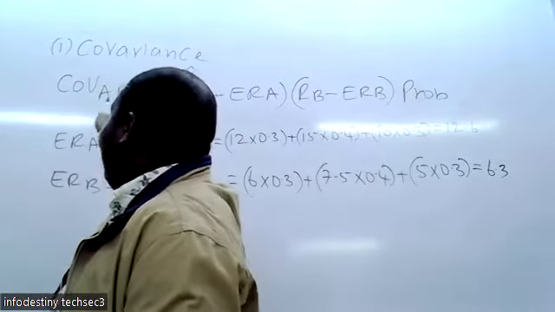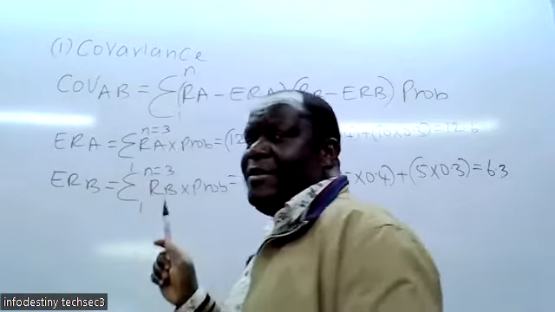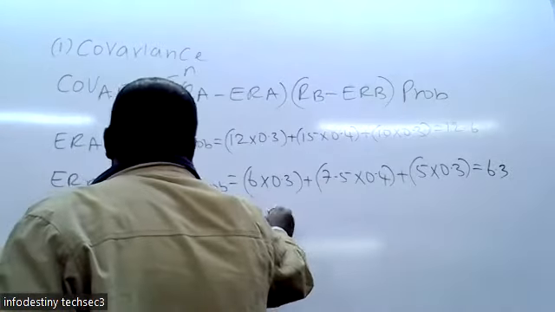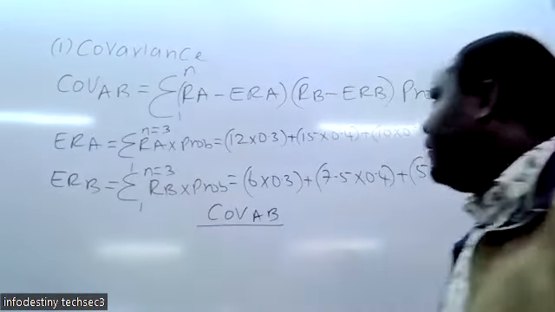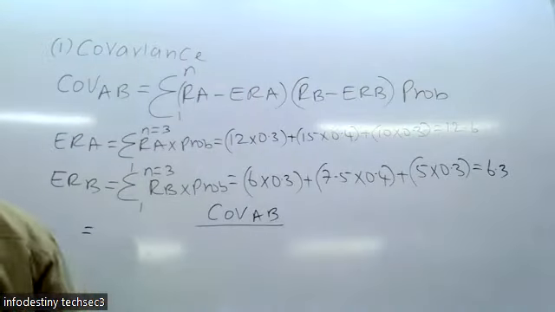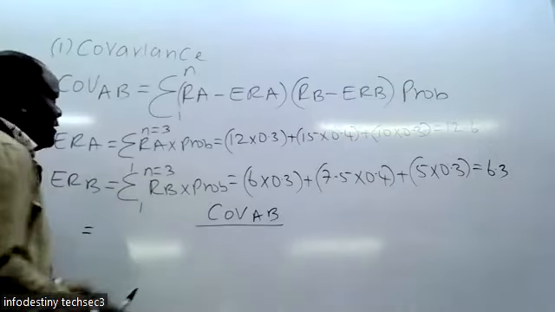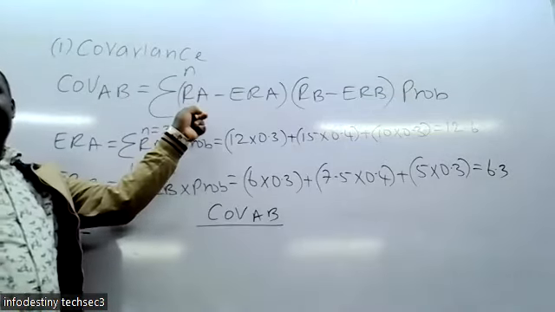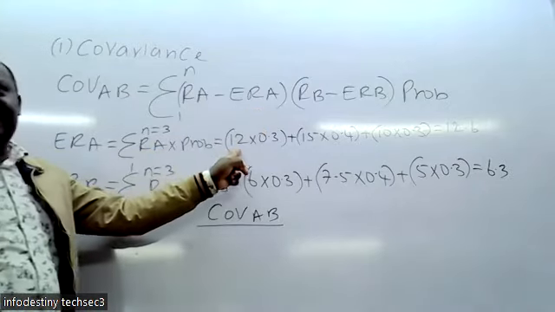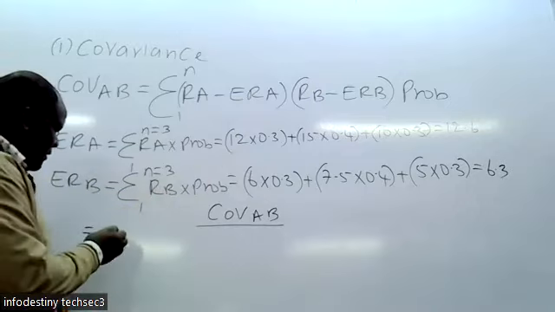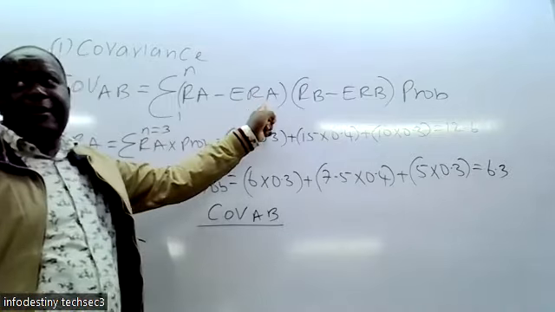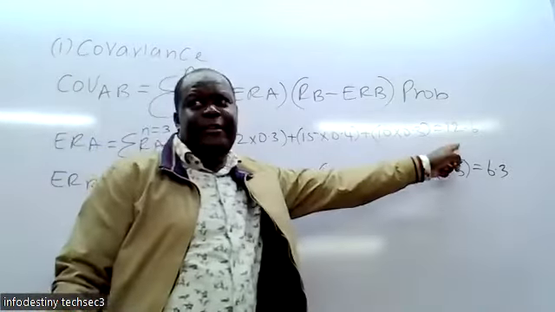You see the formula for the covariance between A and B. So let us now get the covariance between A and B. There are 3 observations. We start with the first observation. I start with the first return for A minus the expected return for A. My first return for A is 12, so I take 12 minus the expected return for A, which is 12.6.